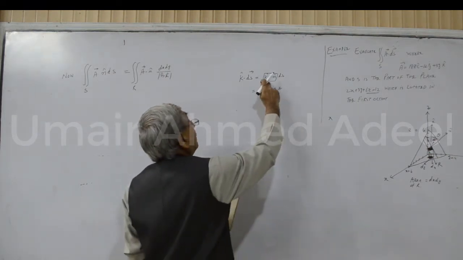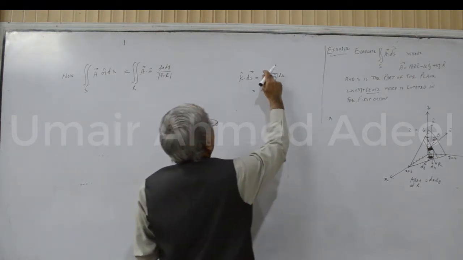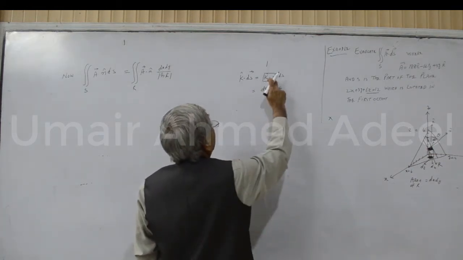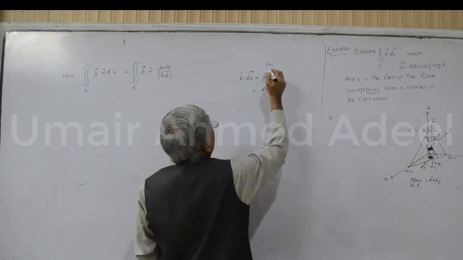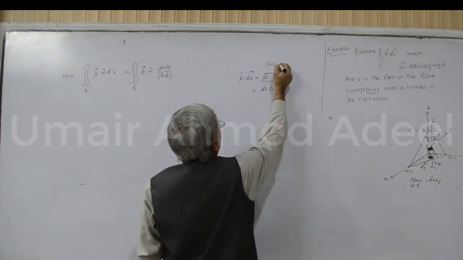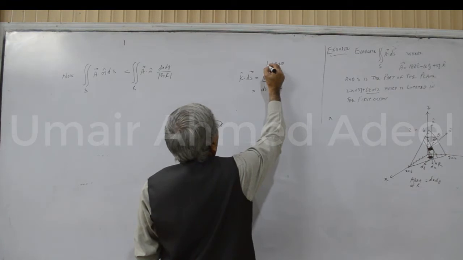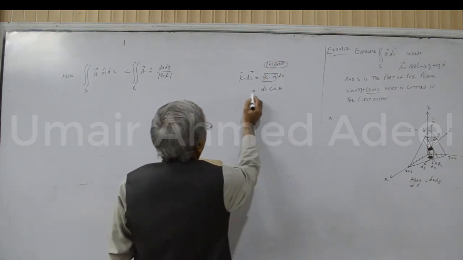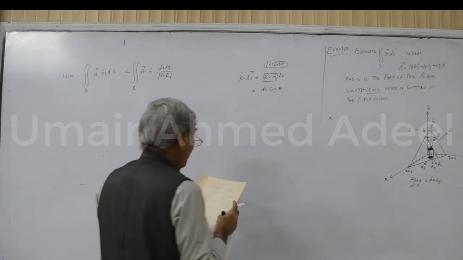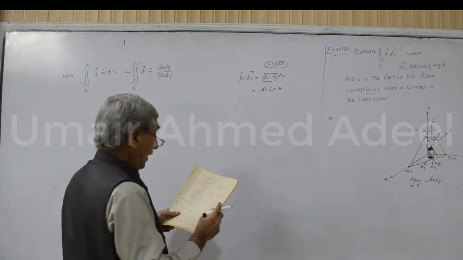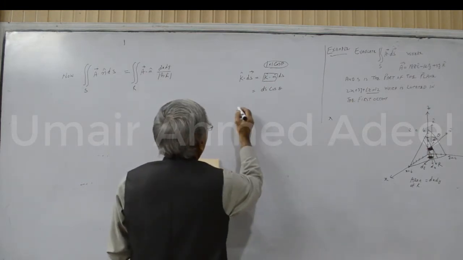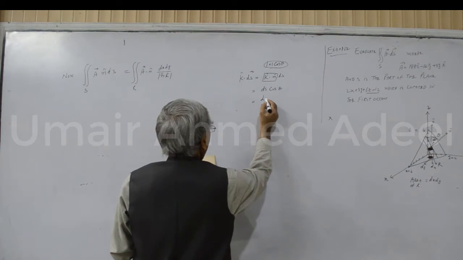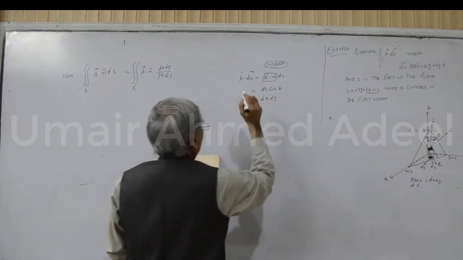Because the dot product of two vectors is the magnitude of k, which is a unit vector, it is 1, times the magnitude of n, which is 1, times the cosine of the angle theta between the two, and therefore it is just cosine theta. k dot n is cosine theta. So this whole thing is ds cosine theta, and that represents the projection of ds in the xy plane.